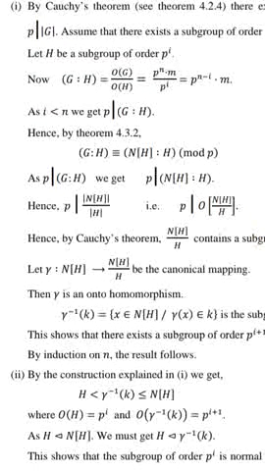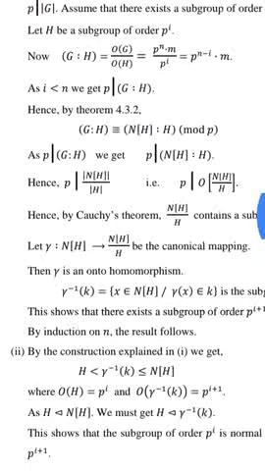As i is less than n, we get p divides the index of G over H. Therefore, the index of G over H is congruent to the index of N(H) over H modulo p.